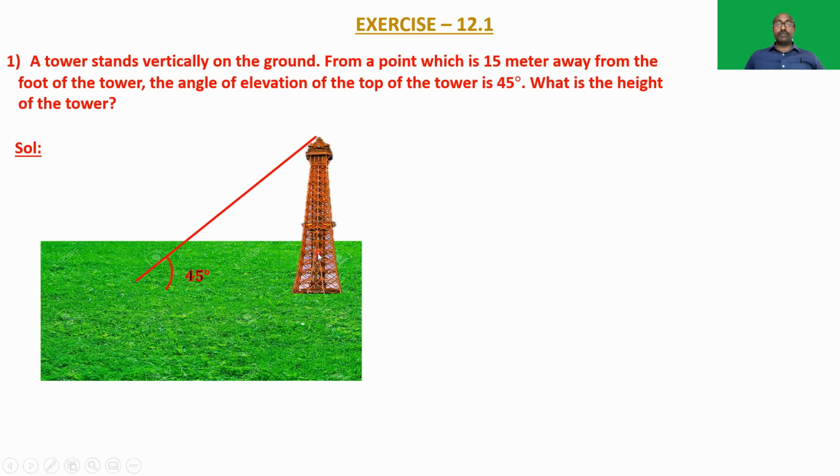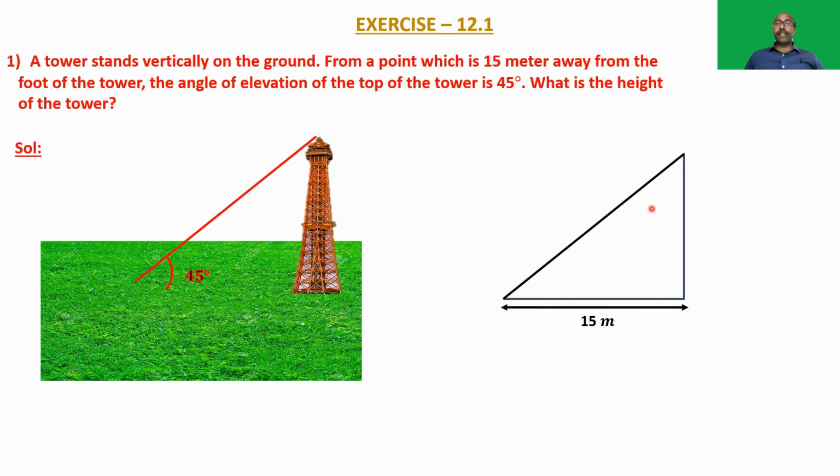So first we have to draw the picture in lines. That is, it is the ground and it is the tower and it is the line of sight, and the measurements are 15 meters.